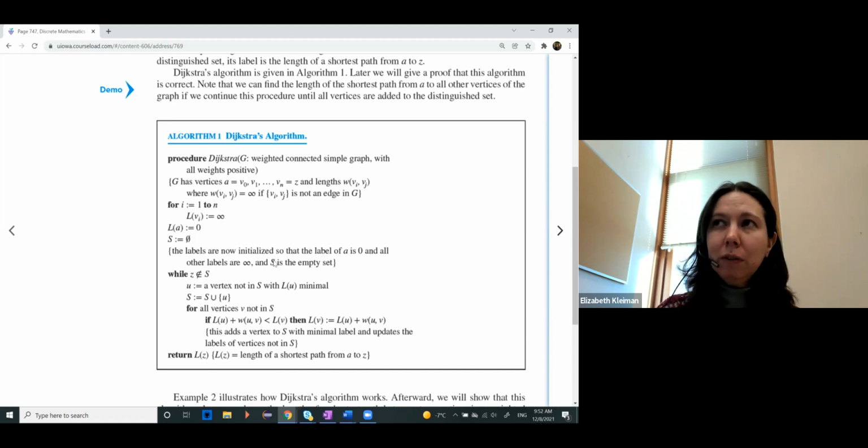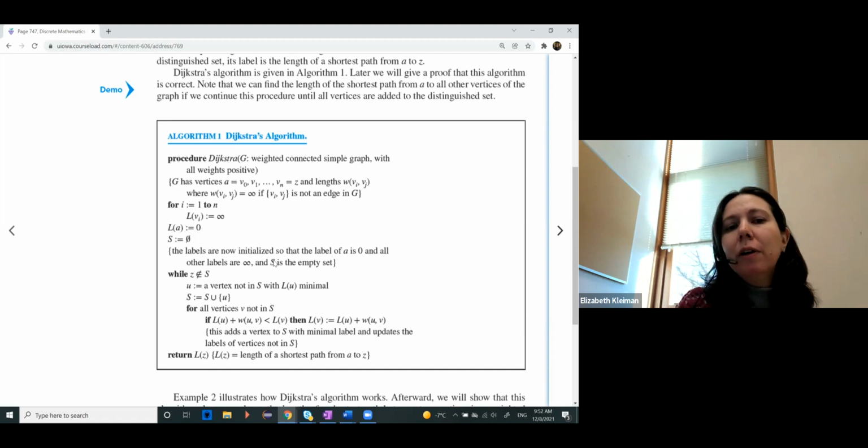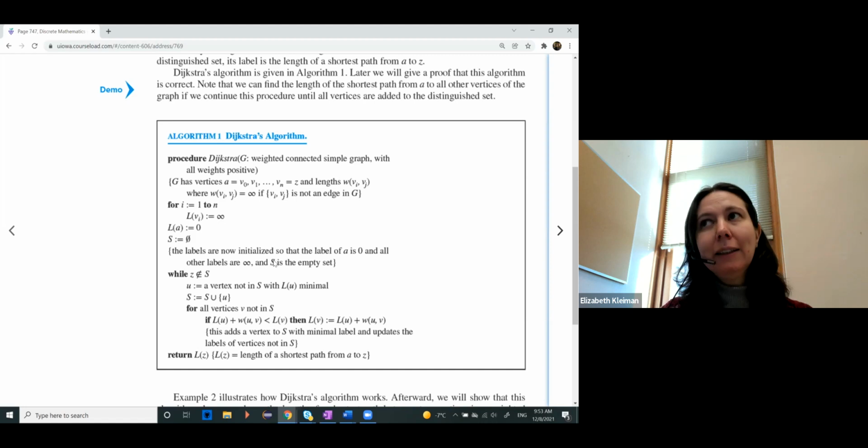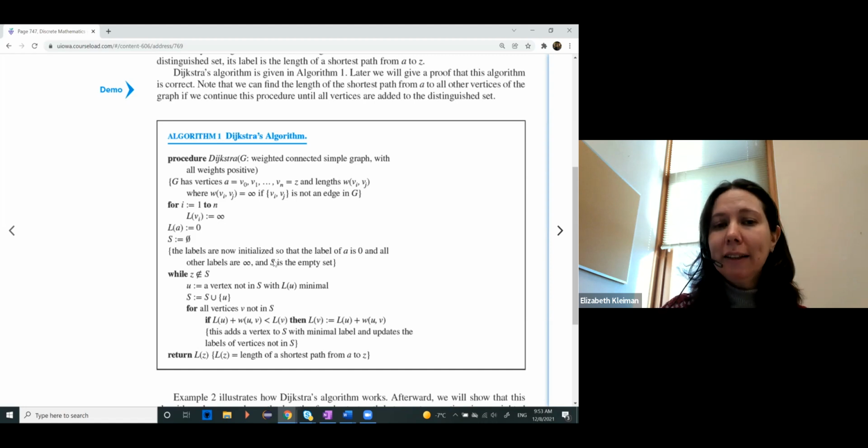Now we are going to start the algorithm. We go to node A and put 0 as L of A. This is our starting point. The weight of it is 0. I didn't travel anywhere. Now we're going to create an S, and at the beginning, S has nothing in it.